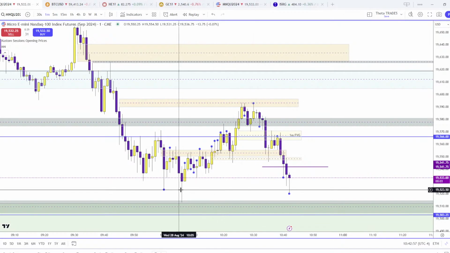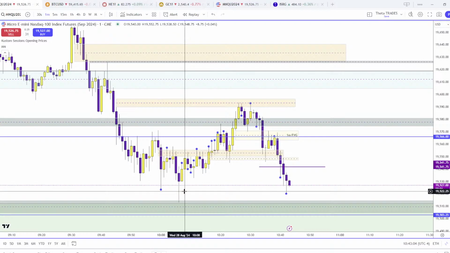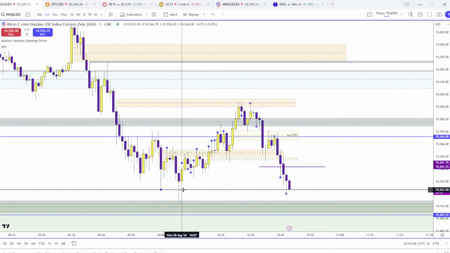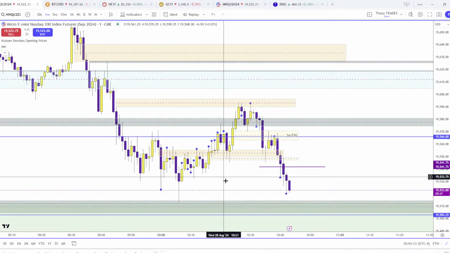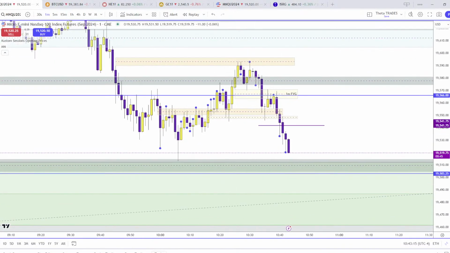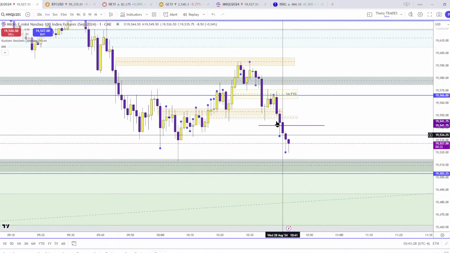So 50% of this wick right here. We are through 50% of that wick. So looking for lower prices, look for that low to get taken now. I got nothing on this side forming here for a reversal yet.